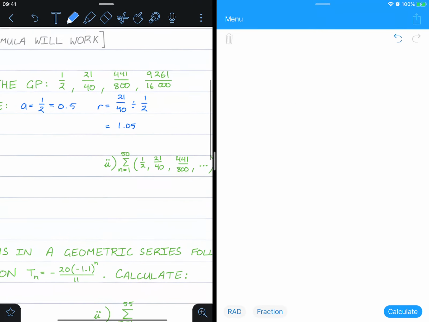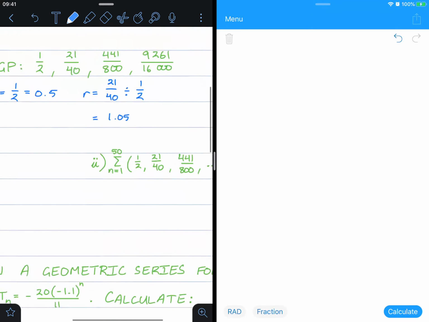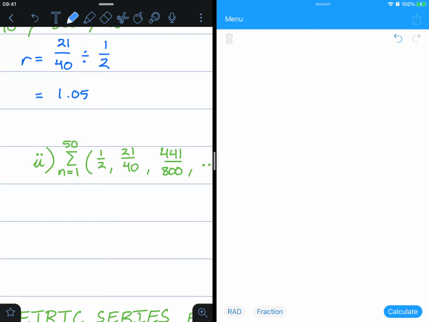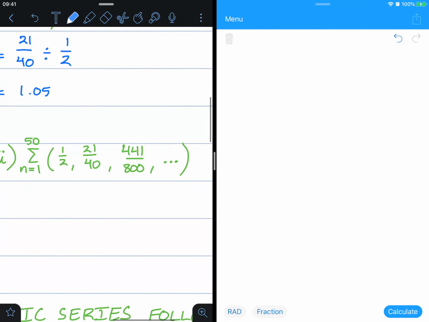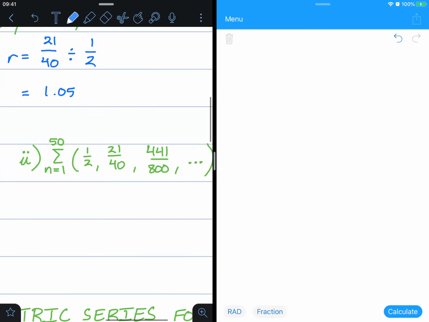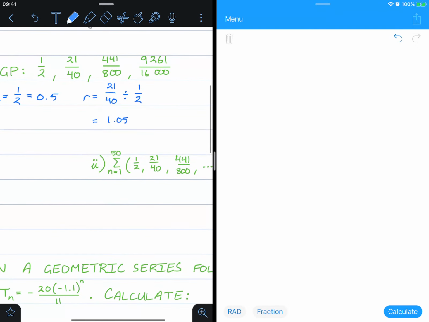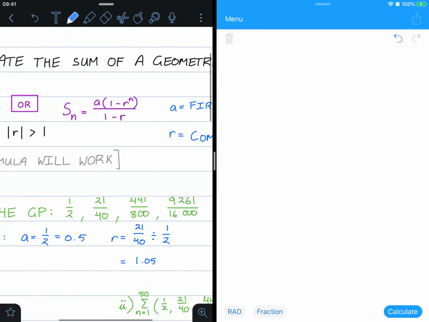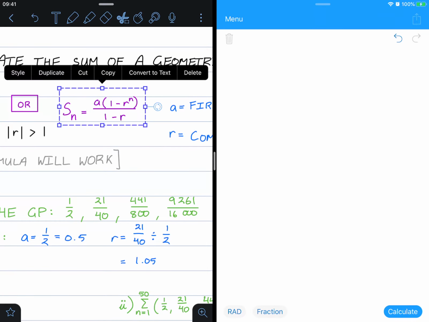With the same series, but now we want it up until the 50th term, because remember, this symbol means the sum beginning on 1, so n equals 1, all the way to the 50th term. I'll just demonstrate using the other formula. You should get the same thing.